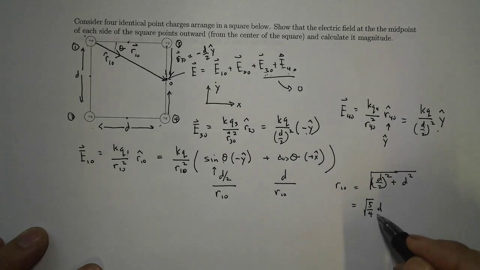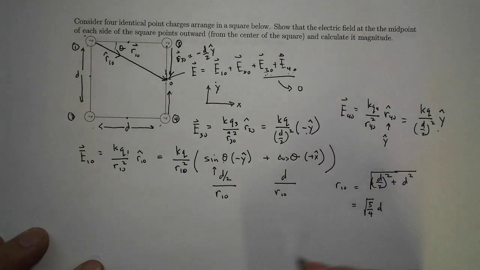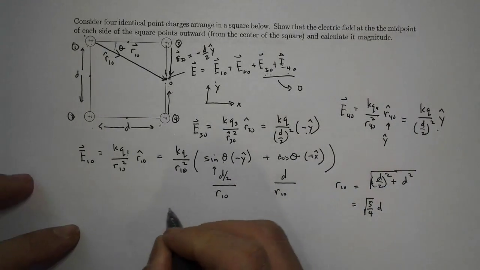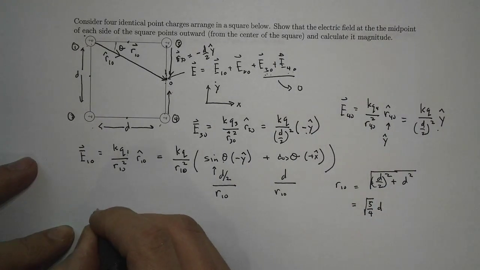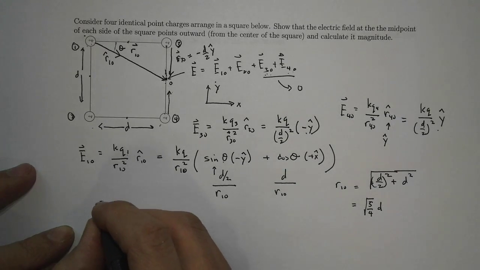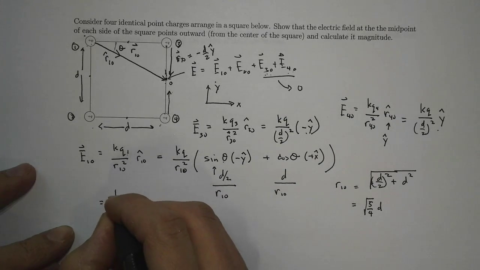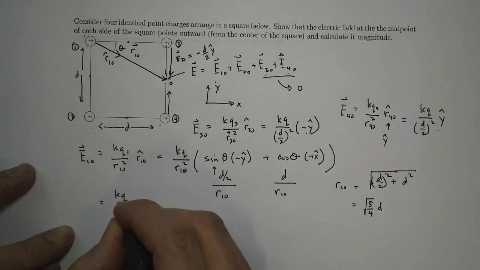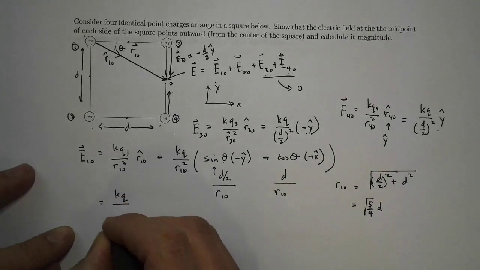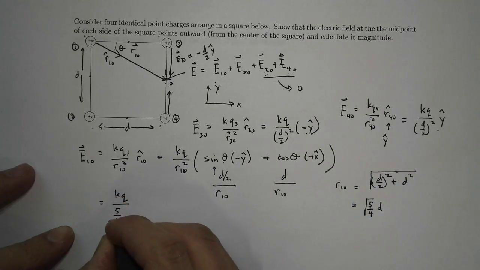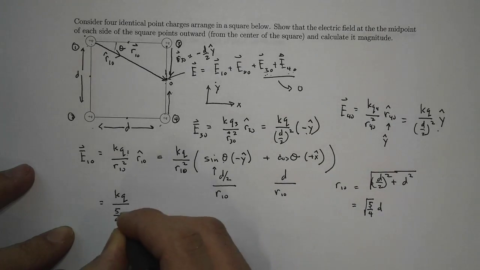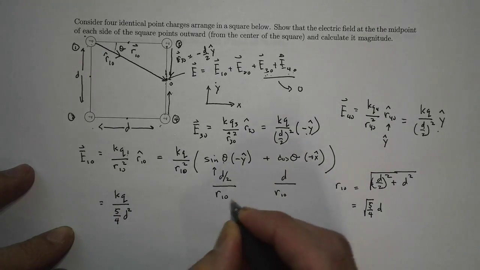Take the square root, that is the square root of 5/4 times d. So if we put this all together for E12, kQ over 5/4 squared, the square root squared, is d squared.